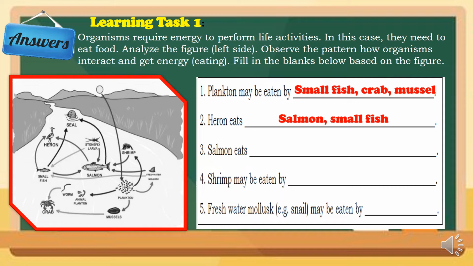For number 3, salmon eats small fish, stonefly larva. Number 4, shrimp may be eaten by salmon. And number 5, freshwater mollusk may be eaten by salmon. So those are the answers for Learning Task 1.